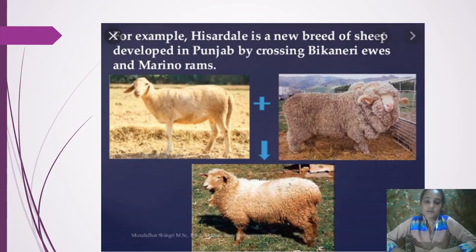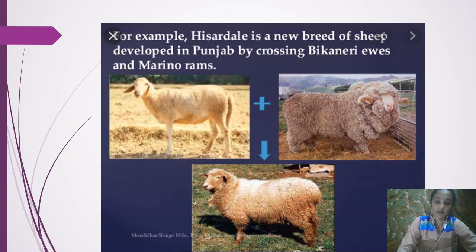So this is an example given here. This is a variety called Bikaneri ewes, and the other one is Merino rams. So we are crossing these two different breeds. Okay, and we are getting a new breed called Hisardale.